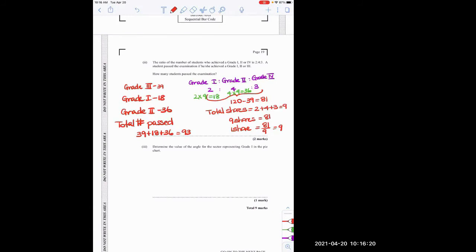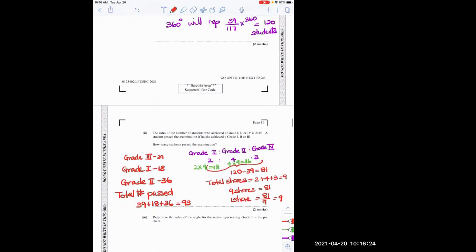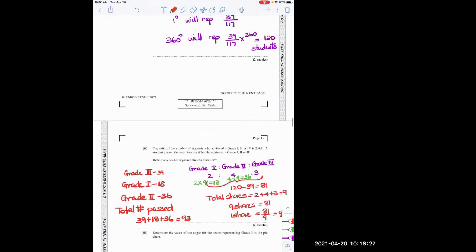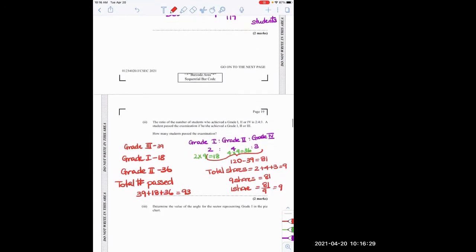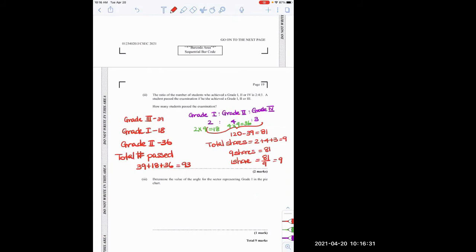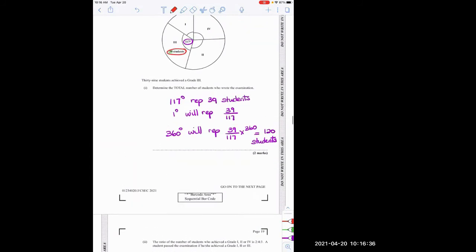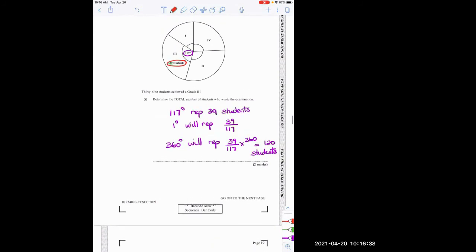Then I divided 45 by 3 degrees, that was for grade 1s, and 90 degrees divided by 3, that was for grade 4s. And that was 30. And I added up all the degrees, the 45, the 90, and the 117 degrees, and I subtracted from 360, and I get the degrees for grade 2.